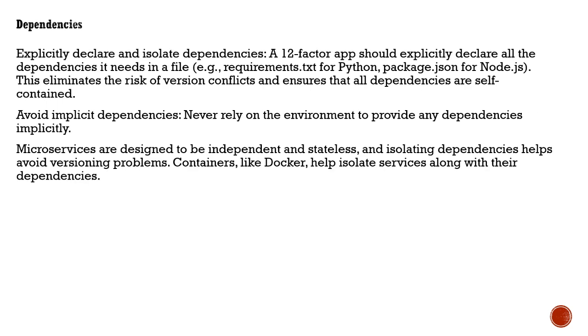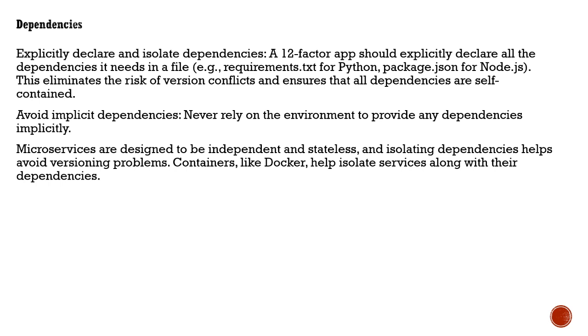Next, dependency. When we say dependency, the main idea is that we should isolate the dependencies and explicitly declare them. You should declare them in files like requirements.txt for Python or package.json for Node.js.